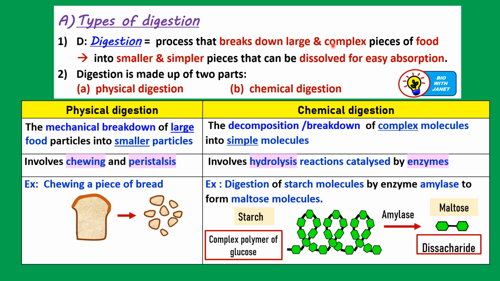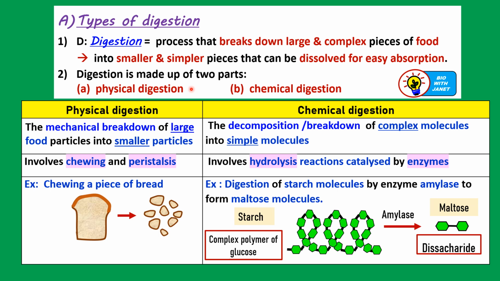On top of that, starch is found in the bread. It's a complex molecule, so it needs to be broken down to form simpler molecules such as glucose. Starch is broken down into maltose and then glucose, and then the glucose can be easily absorbed by the body.